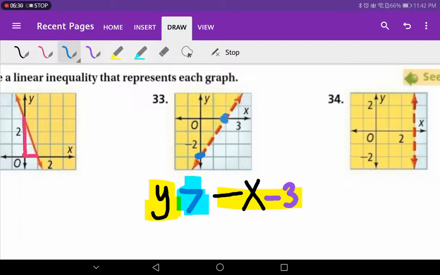How can I reach it? How many steps do I have to rise? See, 1, 2, 3. 3 up, that means positive, and 2 right, that means positive. So it is 3 over 2 x minus 3. Okay, are you happy? I hope so. Now the last part here.